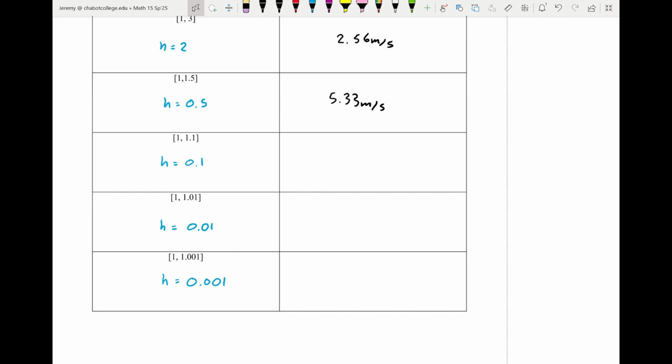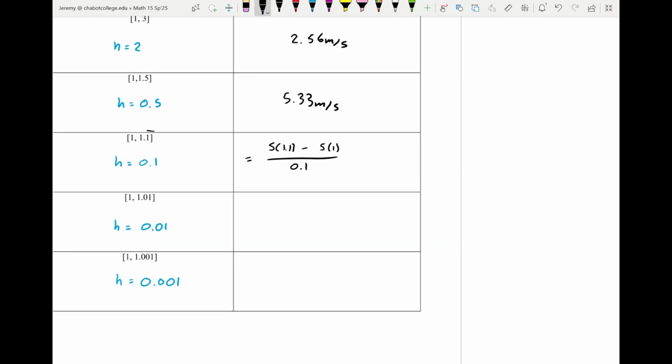And now let's compute it over h equals 0.1, so that would be s of 1.1 minus s of 1 over 0.1, because if h is equal to 0.1, we're just calculating the average velocity over this interval from 1 to 1.1. I'll let you do the work on your calculator, plugging 1.1 into the function, taking the difference, doing the division. I got 6.097 meters per second.